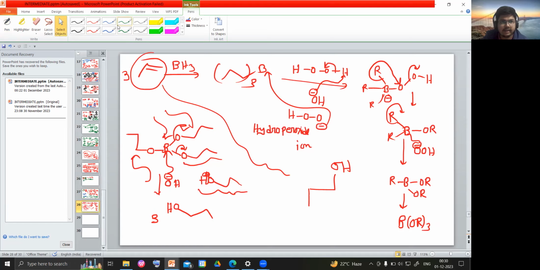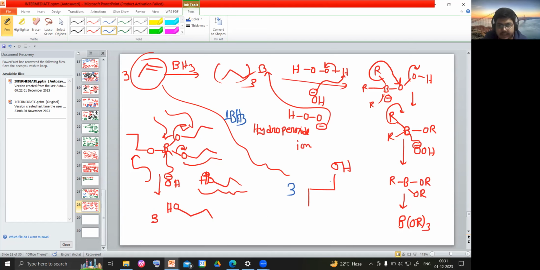So 3 moles of alkene overall we have used, and so 3 moles of alcohol we are getting, but we have used that BH3 or the boron molecule 1 mole, isn't it? So 3 molecules of alkene are giving 3 molecules of alcohol using 1 mole of BH3.